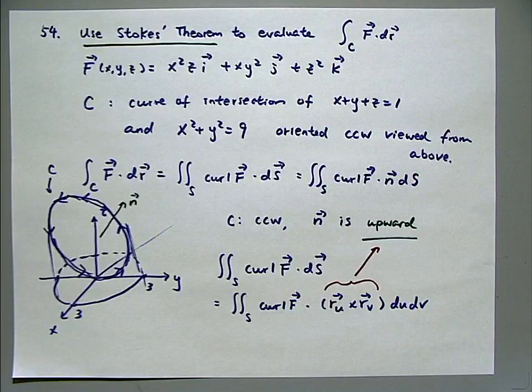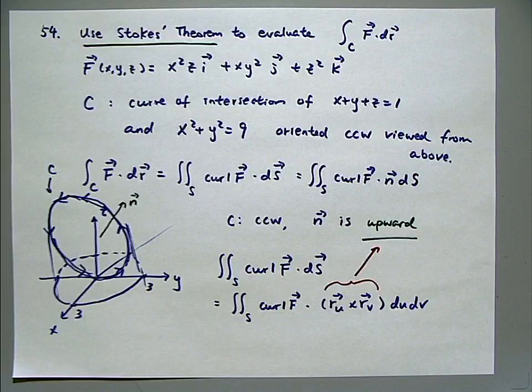Is that right? Yep. 0 i. The j component will be nothing minus x squared, and the negative of that, so plus x squared. And then the k component will be y squared minus nothing, y squared k. So we have 0, x squared, y squared. Okay, we'll come back to it.